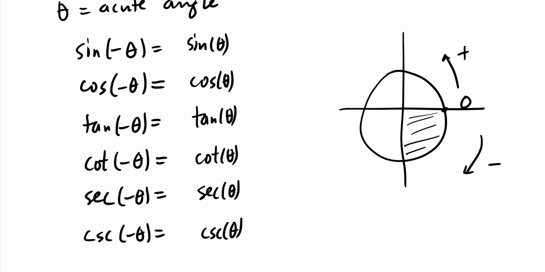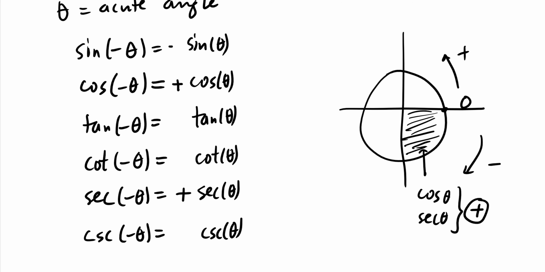Now, after dropping the negative sign, we are working in the fourth quadrant. In the fourth quadrant, we have cosine theta and secant theta. Those are the only positive ones. So cosine positive and secant positive. This means the rest are negative. That's an easy way to memorize it.